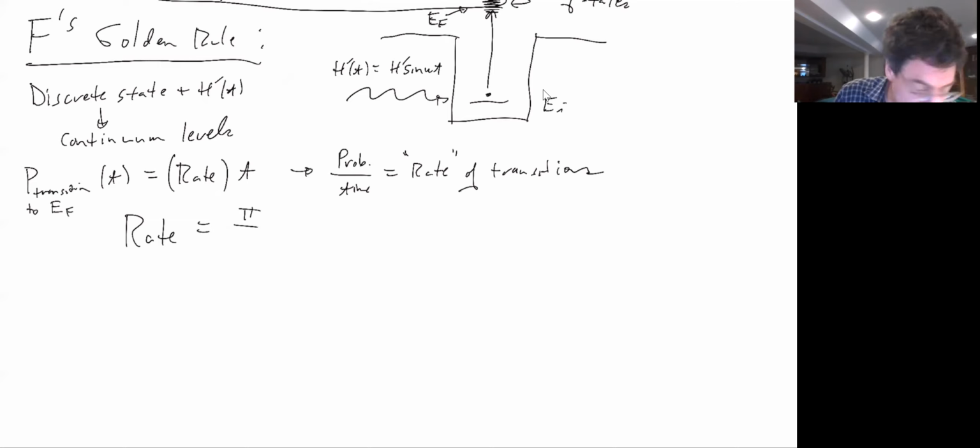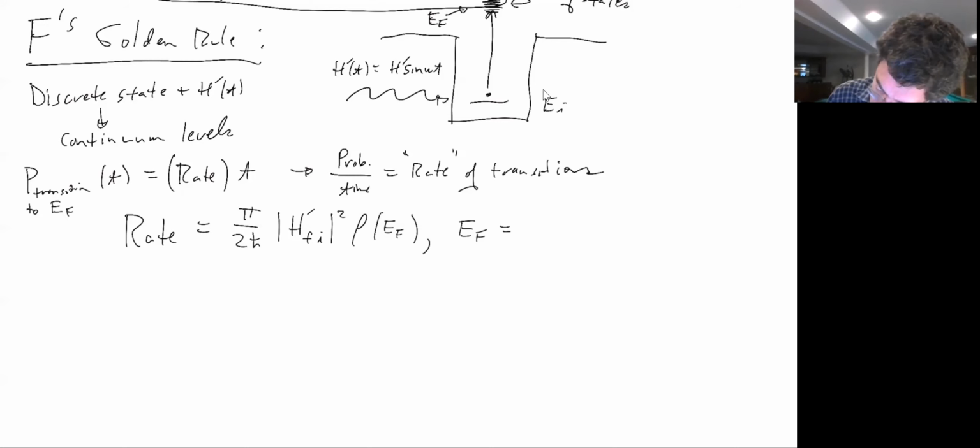pi over 2 h bar times the matrix element that connects the initial state to the final state squared times the density of states at the final energy, where the final energy for the sinusoidal perturbation is the initial energy plus h bar omega, kind of what you would expect for absorption of a photon.